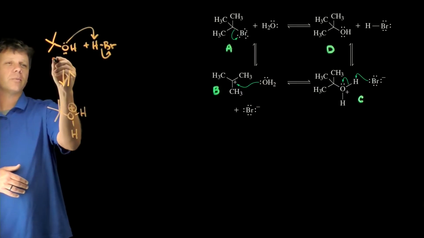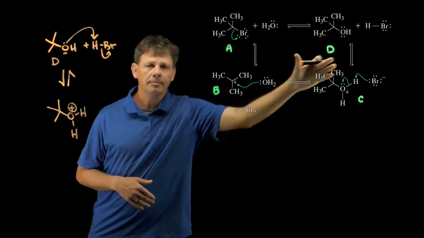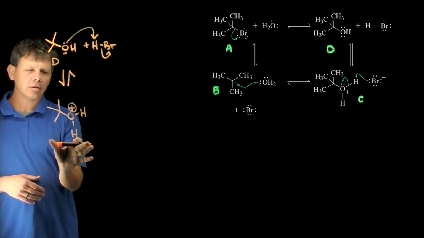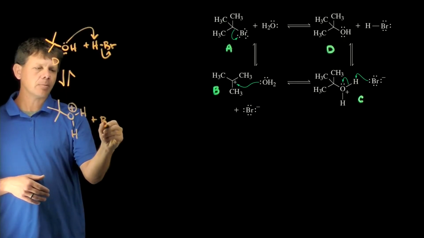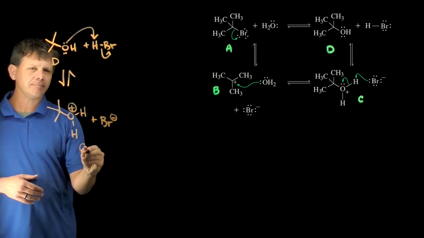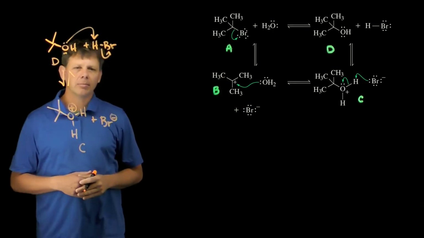Note that we're starting with D, the alcohol, and HBr, just like it is over here. And we make the protonated alcohol plus Br minus, which is exactly what we had for C. C being the protonated alcohol and Br minus.